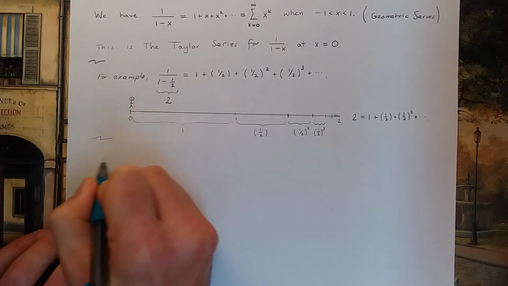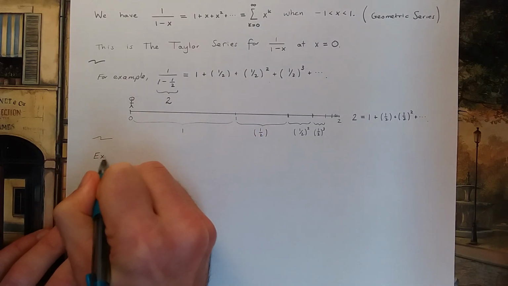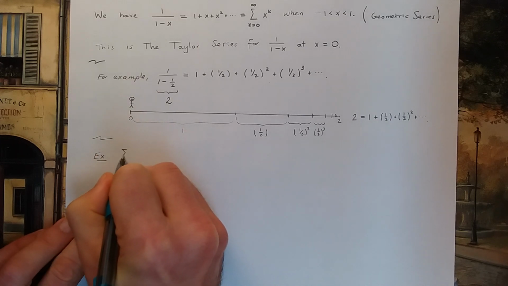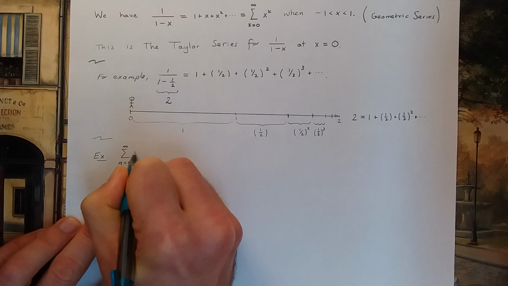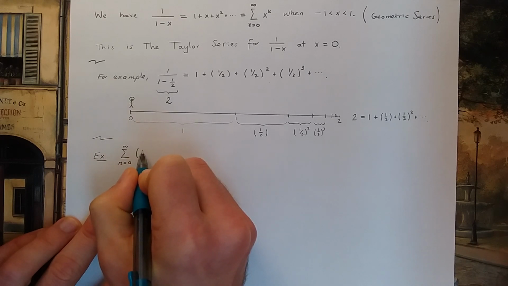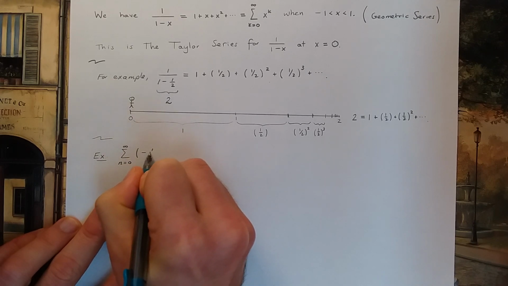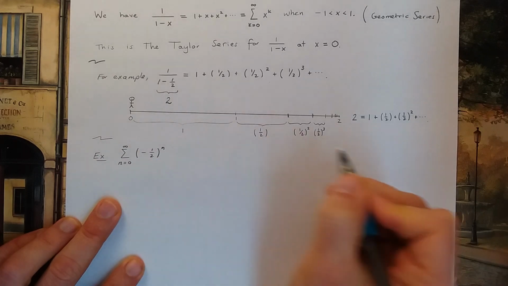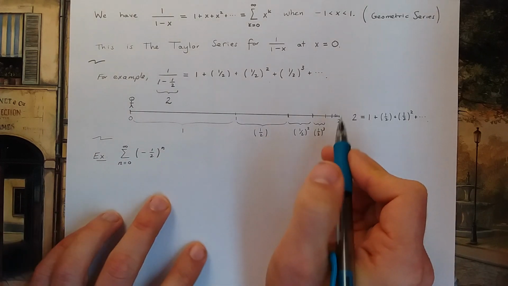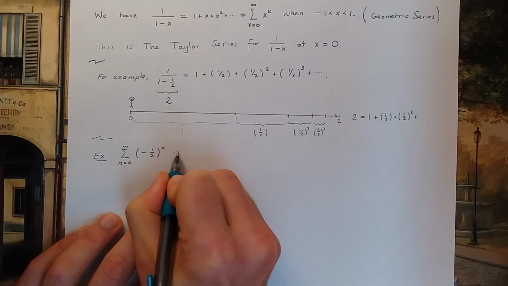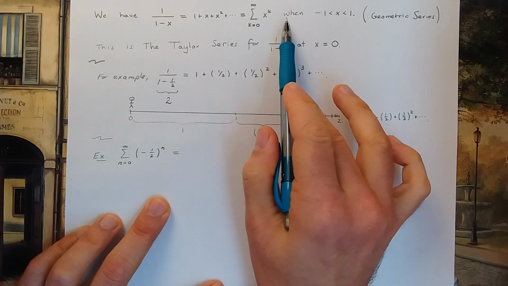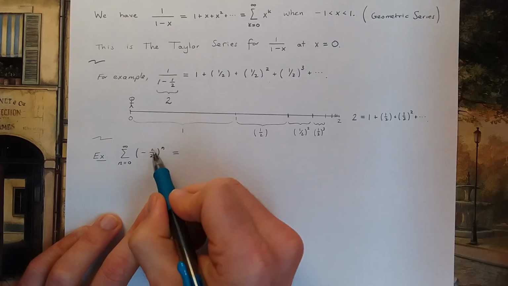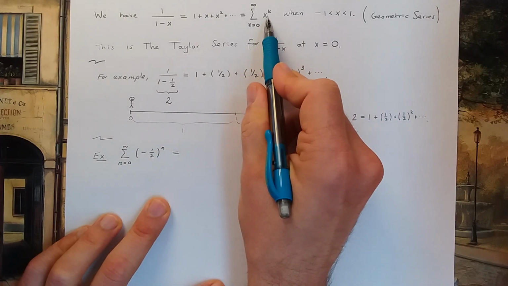All right, let's do another example. Let's simplify the sum, n going from 0 to infinity, of (-1/2) to the n. This is a nice and simple problem. It's exactly the geometric series, except I'm plugging in x equals -1/2.